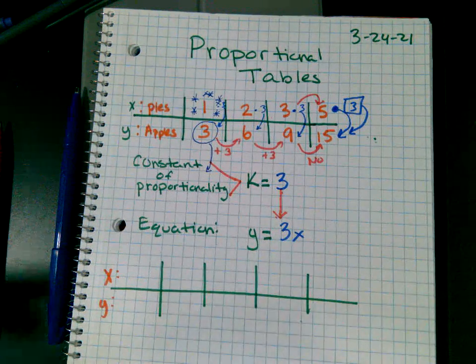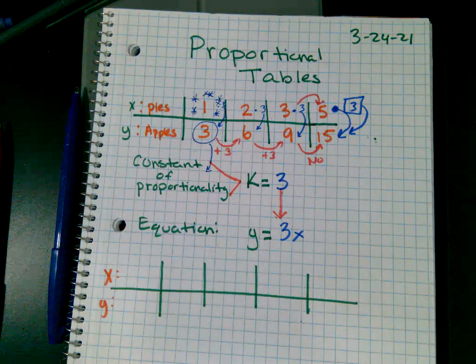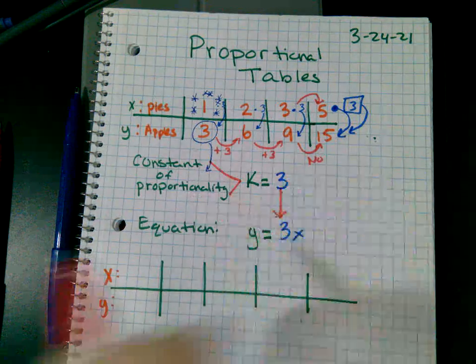If you get this on a test, they'll write it out like, use K for constant of proportionality. Or they'll ask, what is the constant of proportionality, and put K in parentheses. So K stands for constant of proportionality.